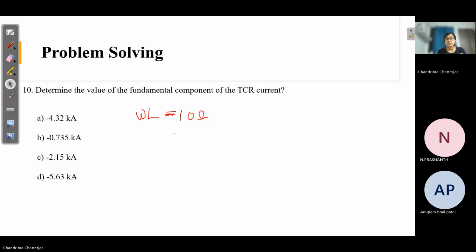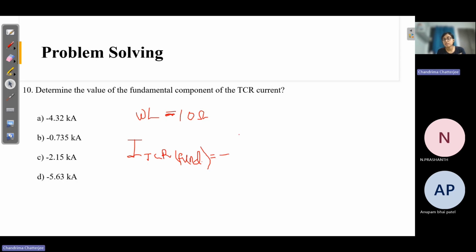Now, the fundamental current we already saw when we were discussing I_TCR fundamental, which we found out from the Fourier series. That is what you will have to find out. So what was that?